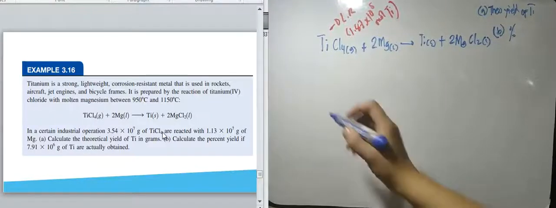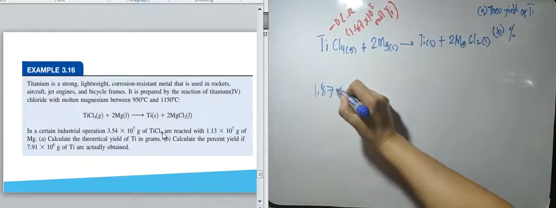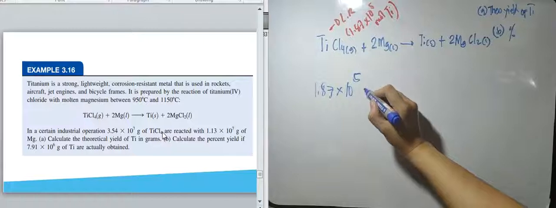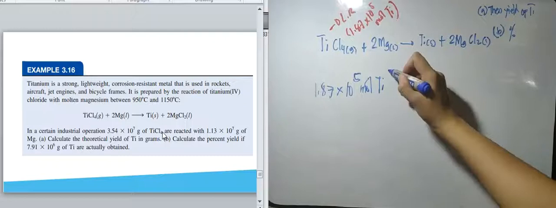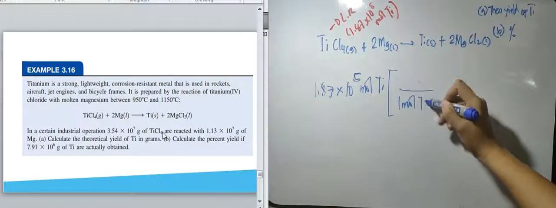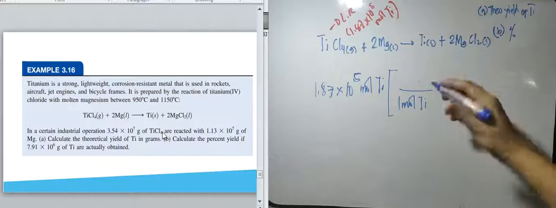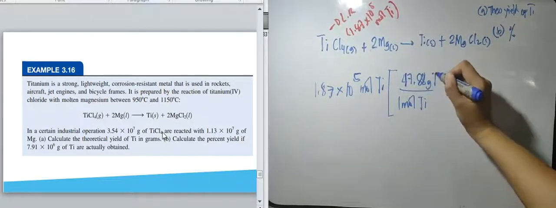So 1.87 times 10 raised to 5 moles. In 1 mole of titanium, we have how many grams? 47.88 grams.